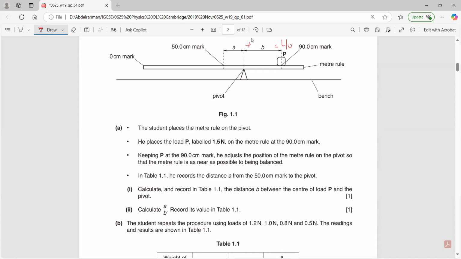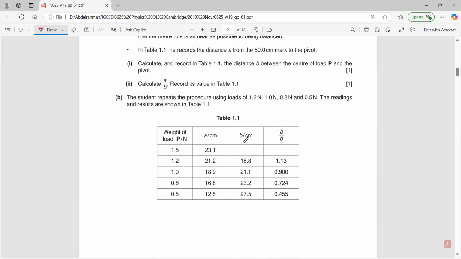Because A starts at 50 and B ends at 90. So the distance between them is always 40 centimeters. Whichever distance is A or B, whenever you add both of them, the distance will always be 40. In the table, can I find B? Yes, I can find B.